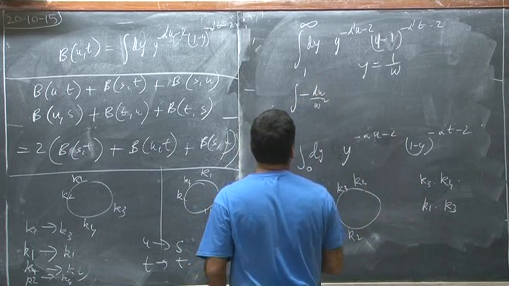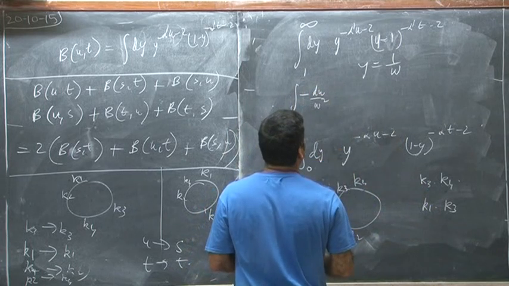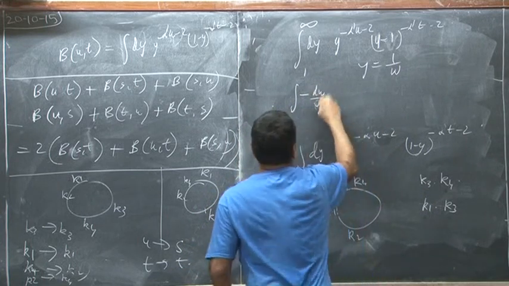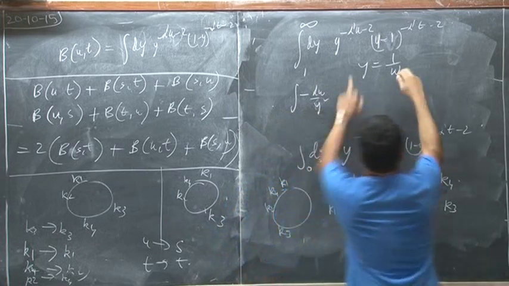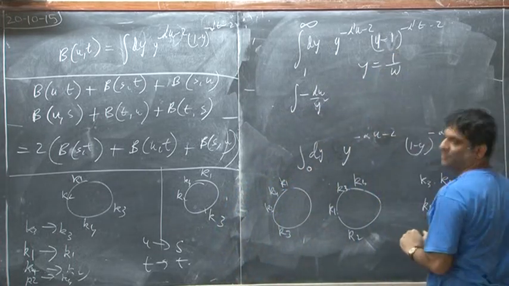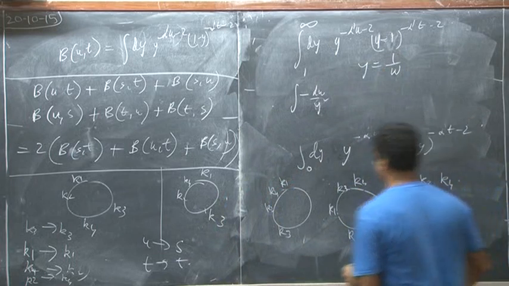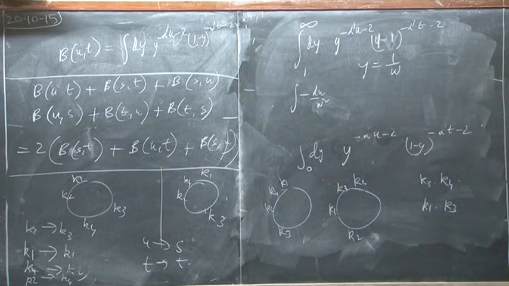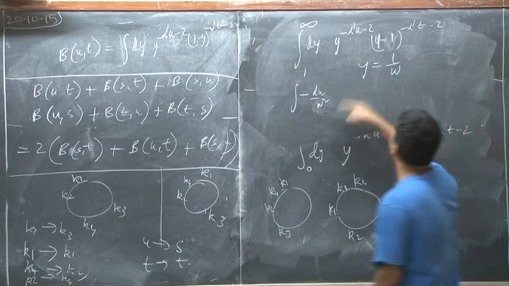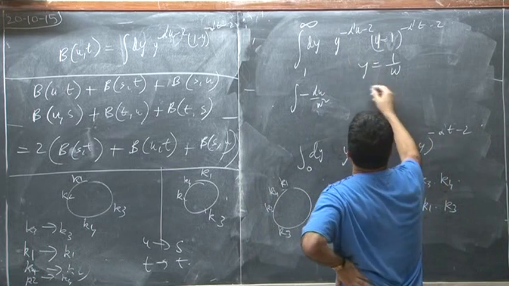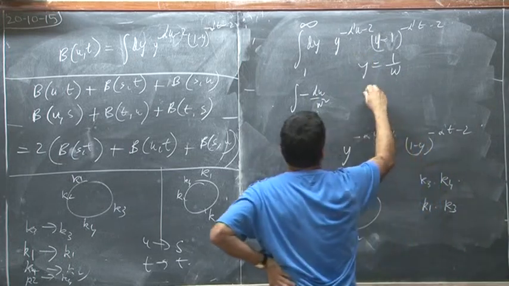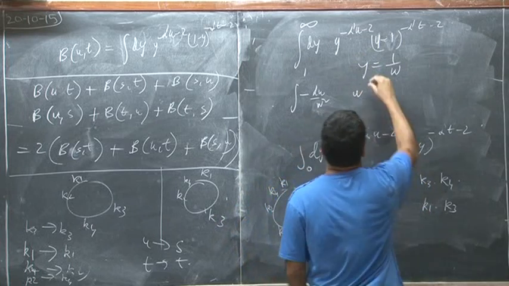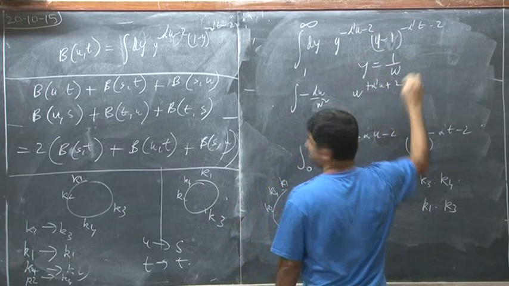So we get minus dw by w square. Dy is dw by w square. Correct. Then we had y to the power minus alpha prime u minus 2, so that becomes w to the power plus alpha prime u plus 2.